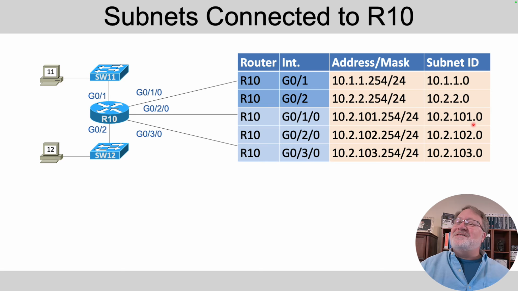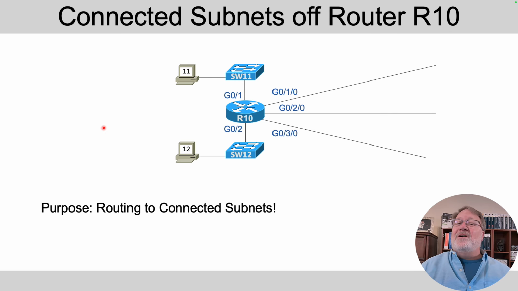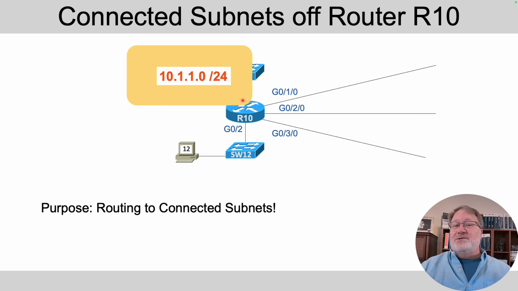And the reason I mention that is this. If I focus here on router R10 and its 5 interfaces, it's connected to 5 links, 5 places where we would expect subnets to exist. And it's going to have 5 connected subnets and 5 connected routes when everything's up and working. So what do I mean by that? Like up here on this gig 0/1 interface, we'll configure an IP address on that interface, and the router is going to create then a route for that subnet and mask and add it to the routing table.